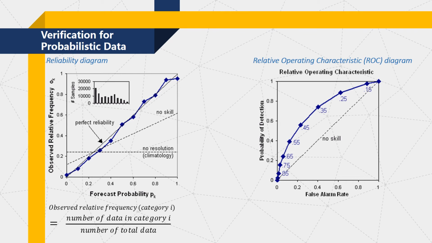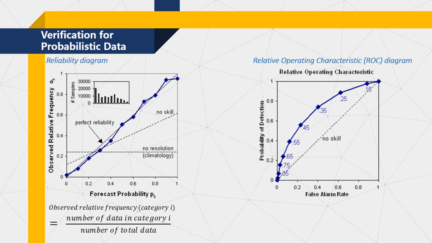The probabilistic forecast value ranges from 0 to 1 or 0 to 100%. The probabilistic data can be verified using the following graphs. The first is the reliability diagram and the second is the ROC diagram.